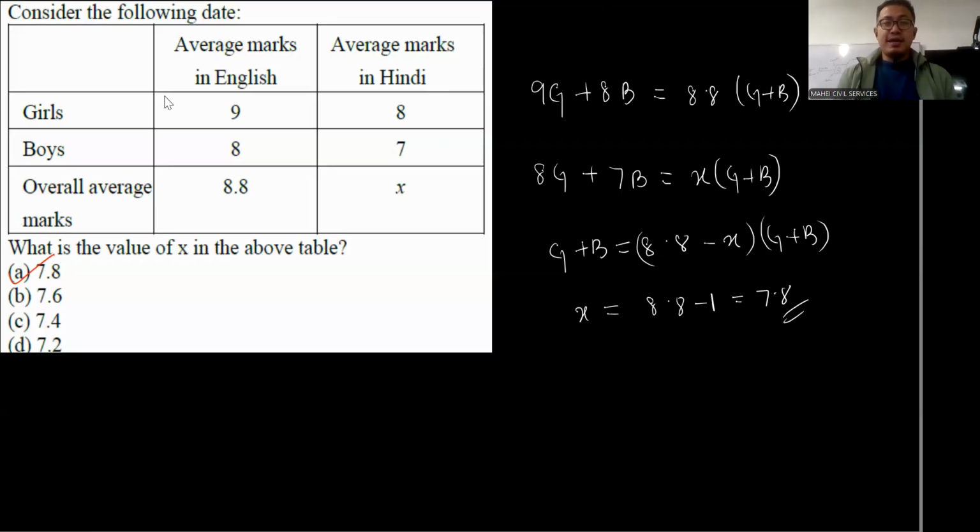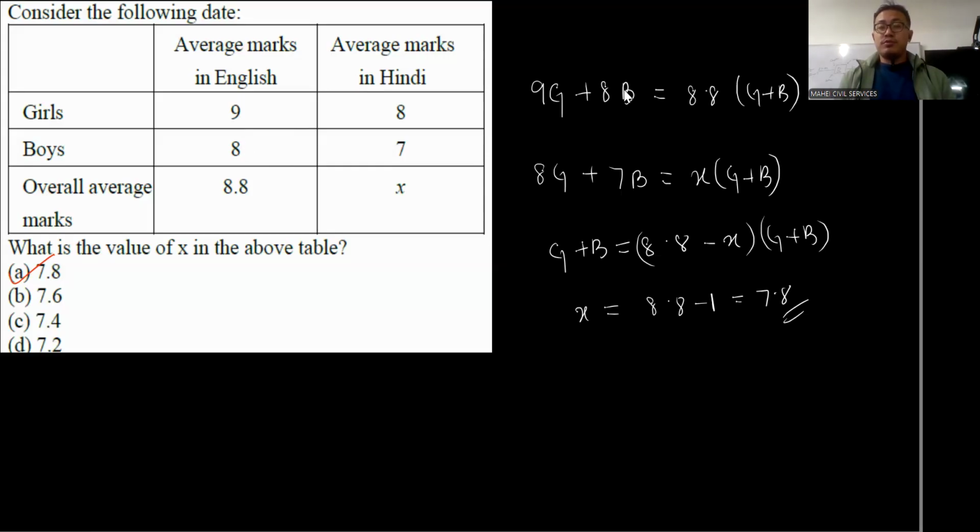See the average marks in English scored by girls is 9. If the total number of girls is Z, then 9Z is the total marks scored by all the girls in English. 9 is the average mark and Z is the total number of girls. Similarly, the total marks scored by boys in English is 8B.